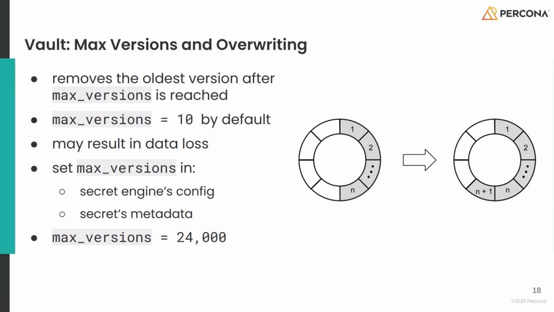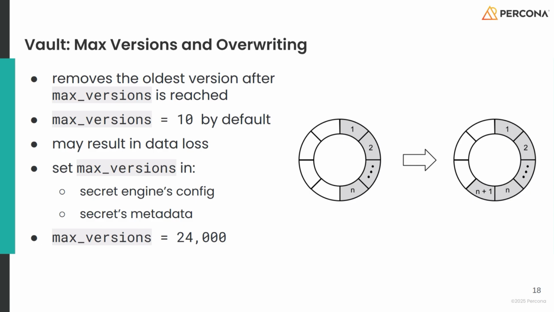But even if we set such a high value for the size of our circular buffer, Percona Server for MongoDB needs to check whether there is free space in that buffer before putting a new encryption key on the Vault server.